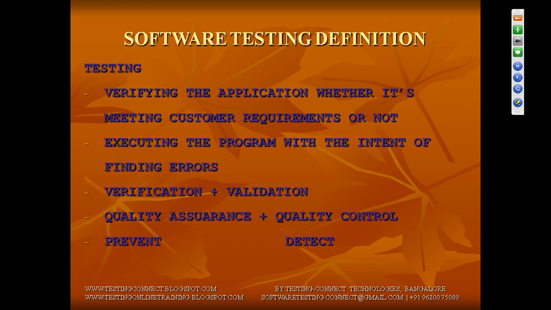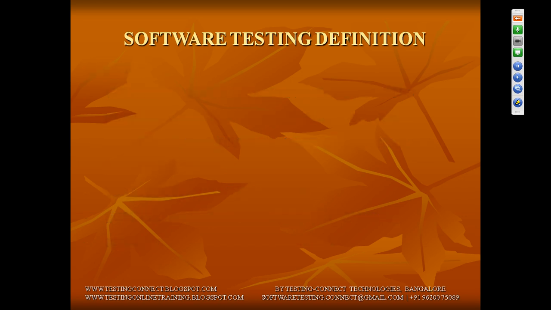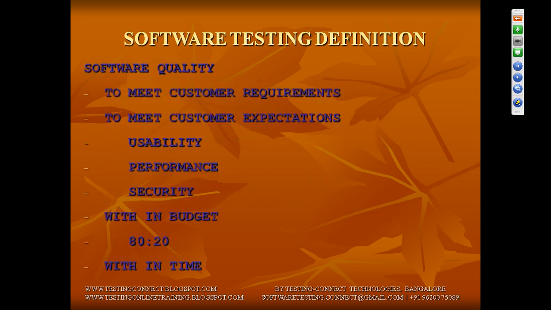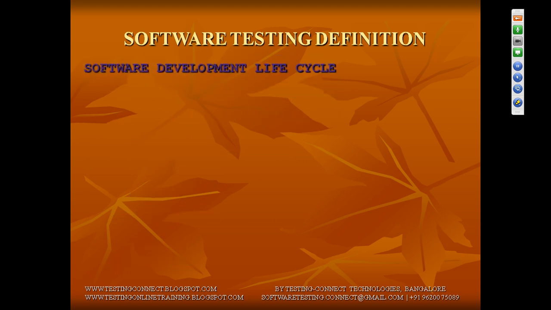So prevent means before the error occurs, you are taking precautions. How you take precautions before the error occurs is what you have to understand. You should be aware of the software development life cycle.